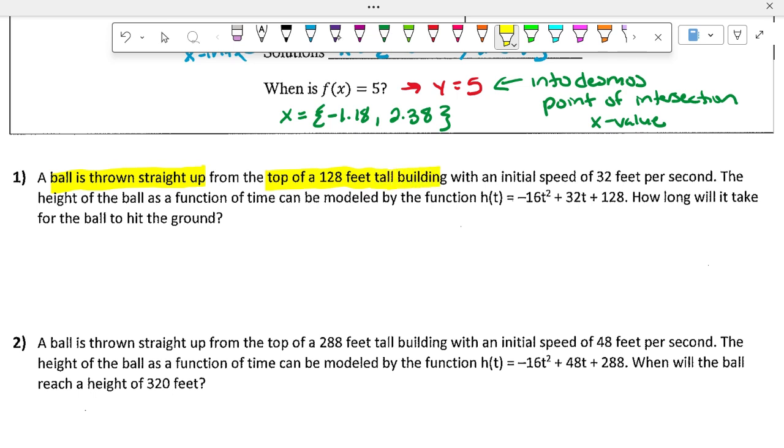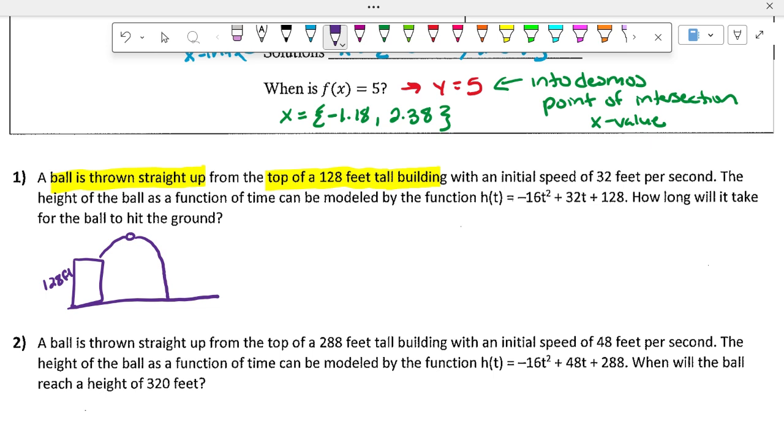So if we had a building, some dude threw a ball from the top of that building, and it'll go up, up, up, and then hit the ground eventually. And that building was 128 feet tall. The initial speed was 32 feet per second.